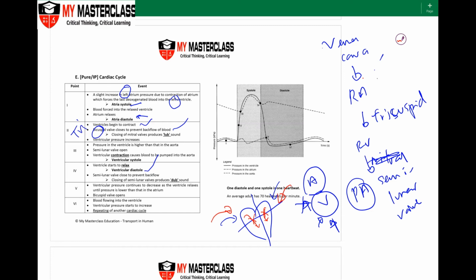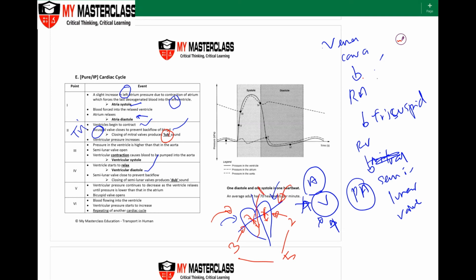Once it does and my tricuspid and bicuspid valves close, that will produce the first sound, which is your loud sound. Tricuspid, I got 3 valves, bicuspid, I got 2 valves, so in total I have got 5 valves, right? After that my ventricles will contract, both will contract.